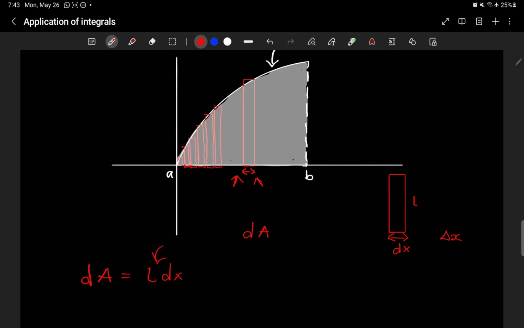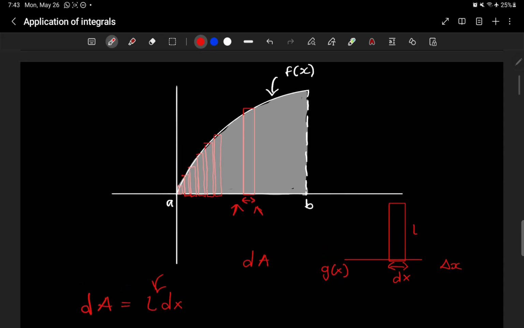But what's the expression for this length? Notice that the lower end of our rectangle is controlled, let's say, by a function g of x. In this case, our lower function is y equals 0. And the upper part is controlled by the function f of x.